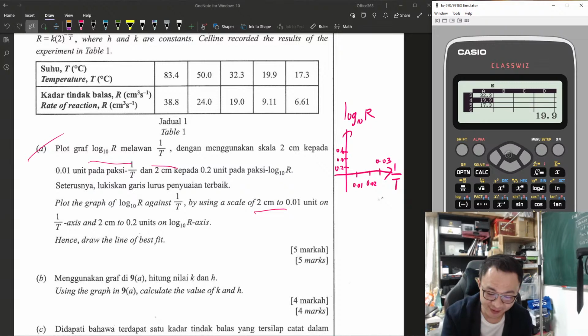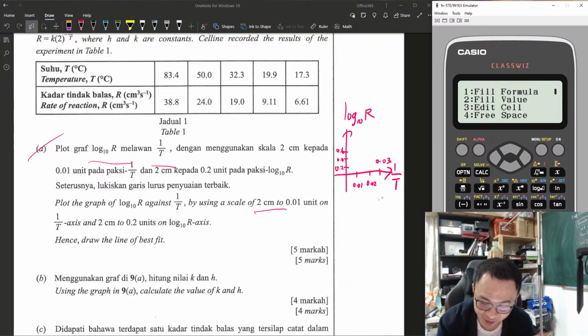And then I insert the B as my R value. So this one is 38.8, and then 24, and then 19, and then 9.11, and then 6.61, sorry. Alright, then I want 1 over my T value.